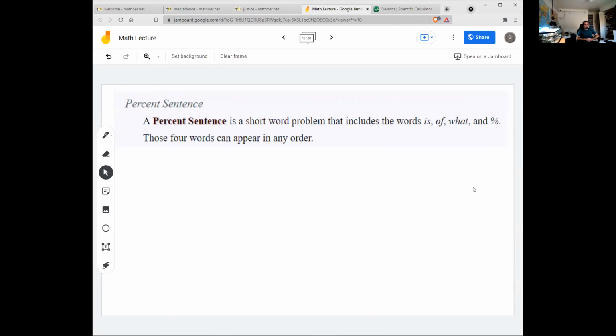What is 30% of 90? 60% of 12 is what? Something like that. We're going to learn how to solve these, and then we're going to learn how to translate longer word problems that actually talk about oranges and apples and things into percent sentences. So this will start out being a kind of problem to solve, but soon it will be a tool in our toolbox that we use to solve bigger problems.